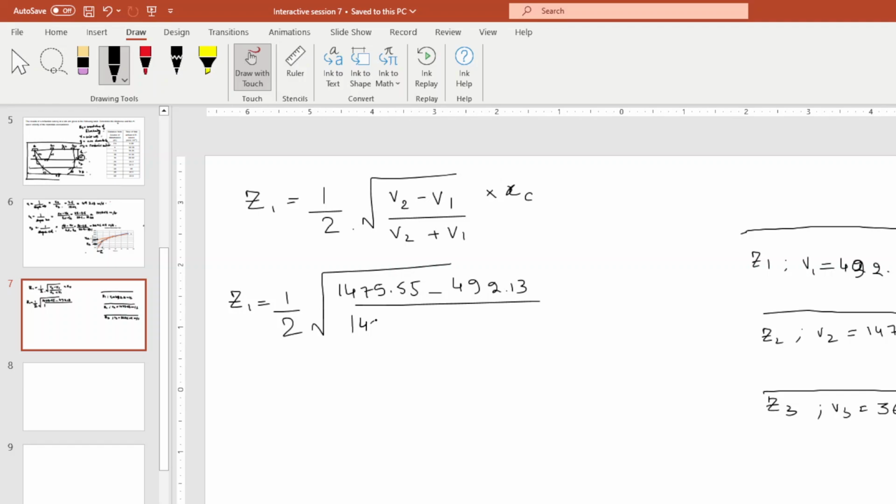Calculate from this velocity, na? I've given the velocities.